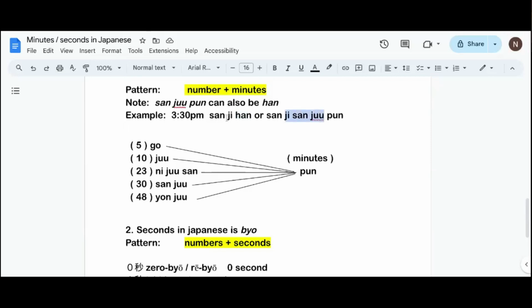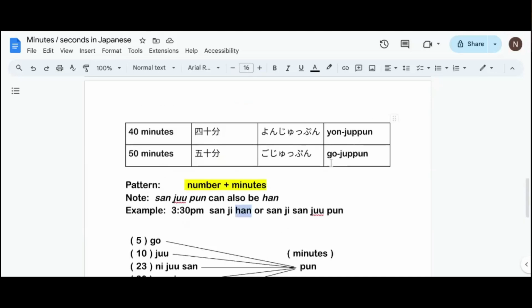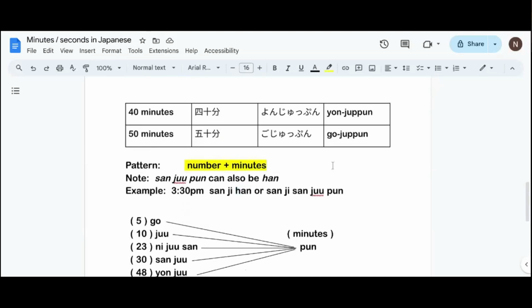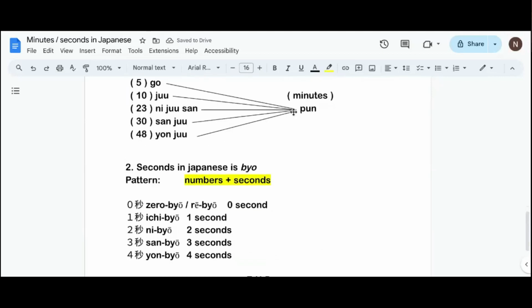So this is your pattern, number again, and then add the pun. Minutes is pun. So juppun, nijuppun, sanjuppun, yonjuppun, yonjuhachi.